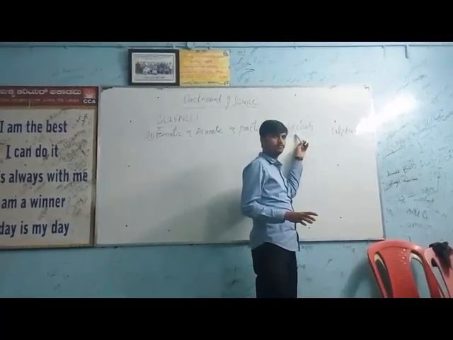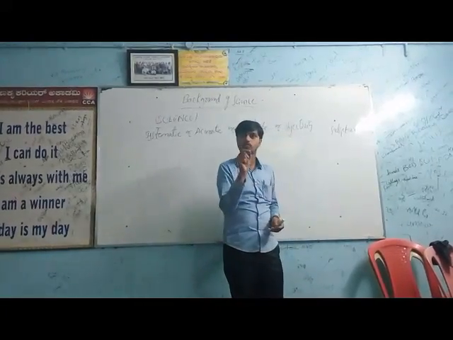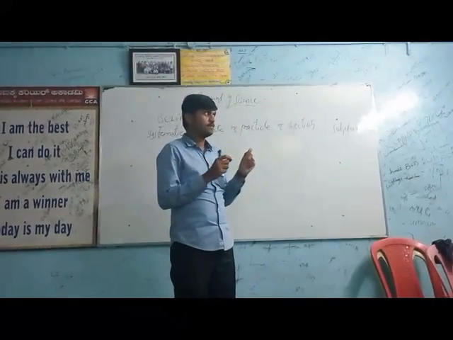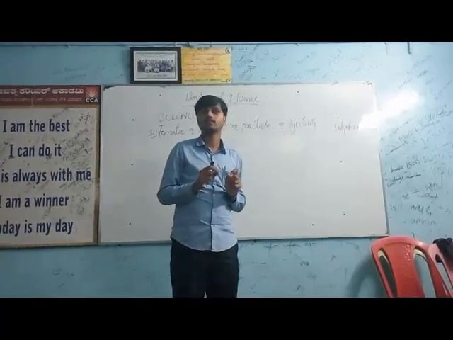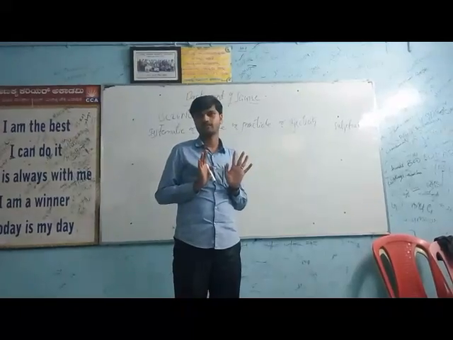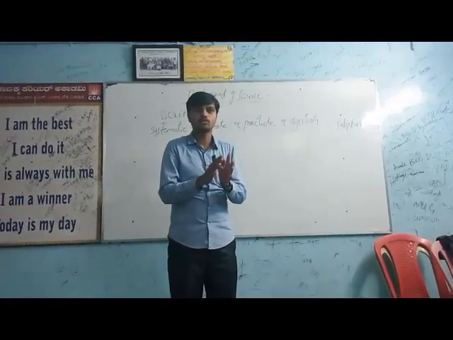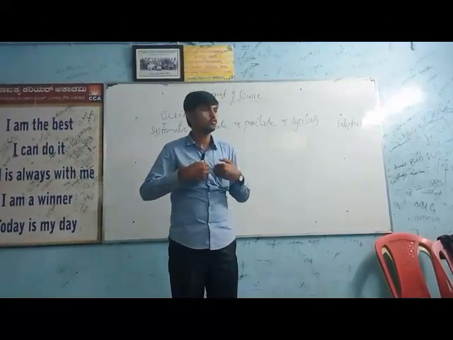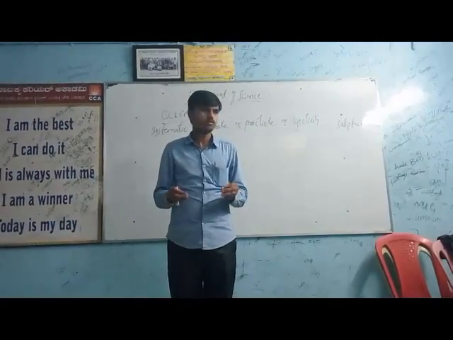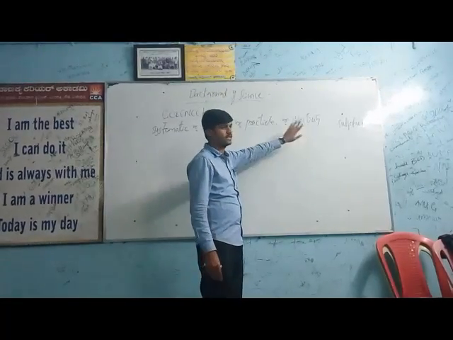Let me give an example of objectivity. The sky appears blue. What is the reason behind it? The reason is scattering of light. Scattering of light does not belong only to Vijaypura; it belongs to the whole universe. Every teacher should say that the sky appears blue because of the phenomenon of scattering of light.